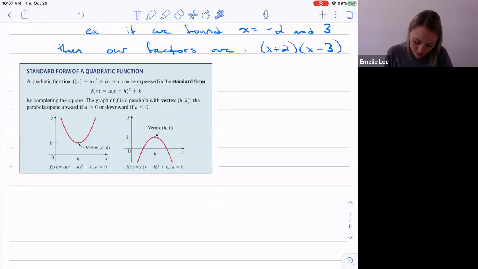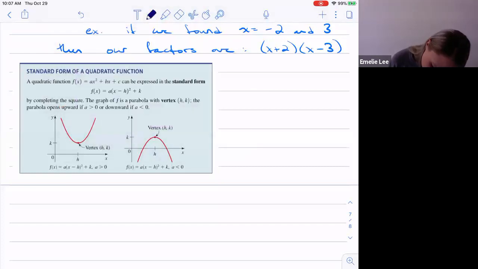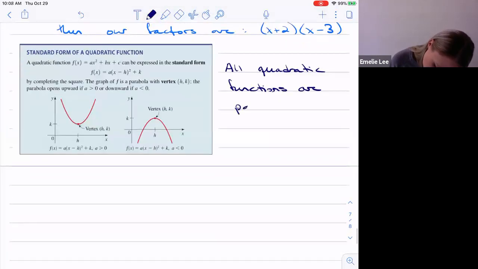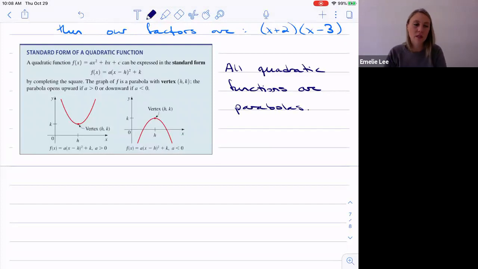So all quadratic functions are parabolas. Okay, that's kind of the takeaway here.